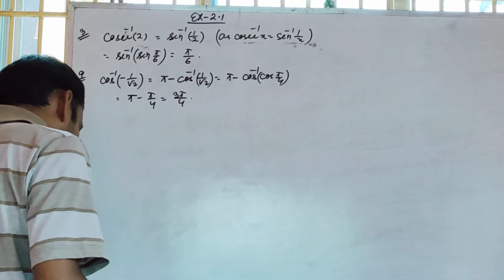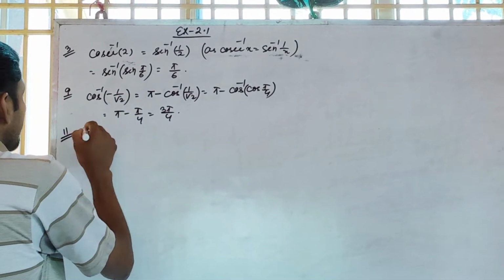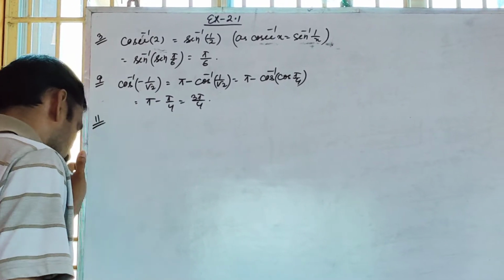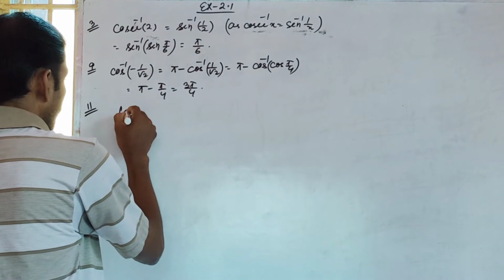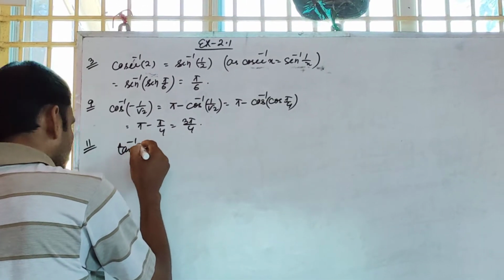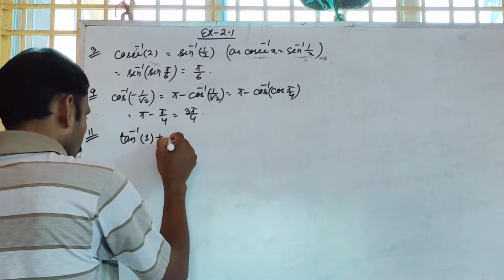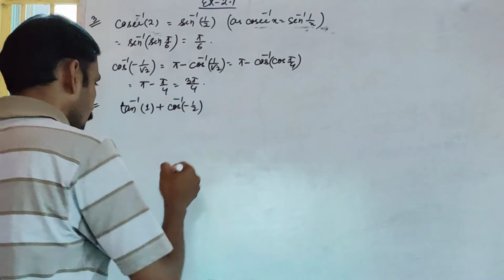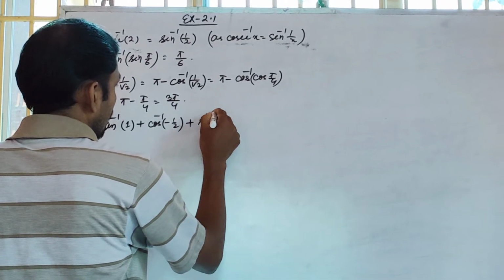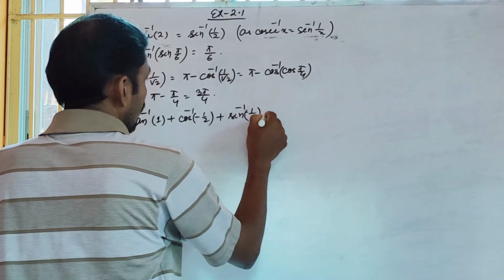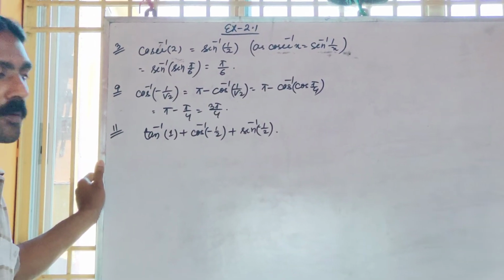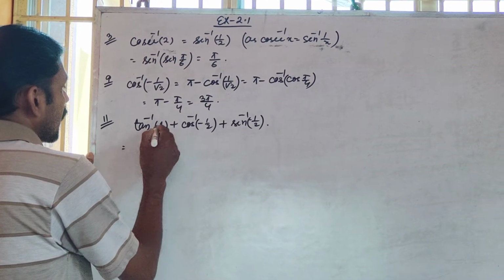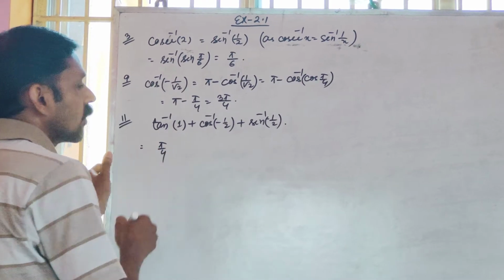Then question number 11. Find the value of the following: tan inverse 1 plus cos inverse minus 1 by 2 plus sin inverse minus 1 by 2. Now here, tan inverse 1 is pi by 4.